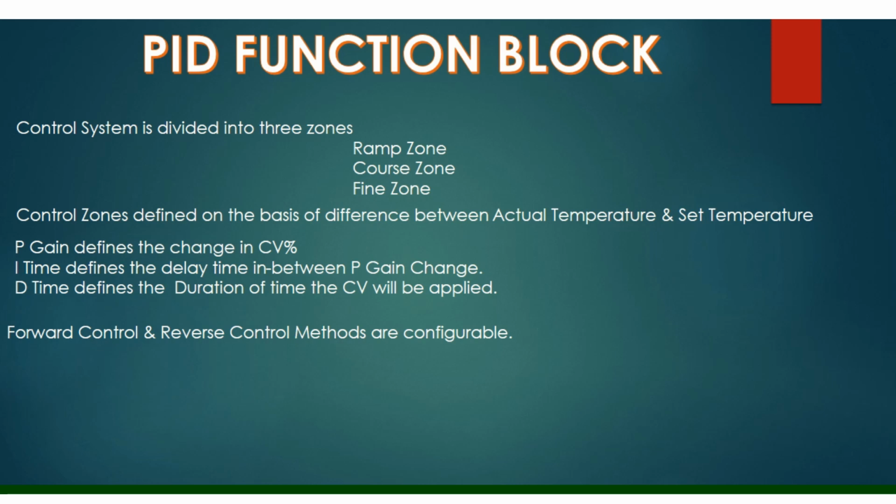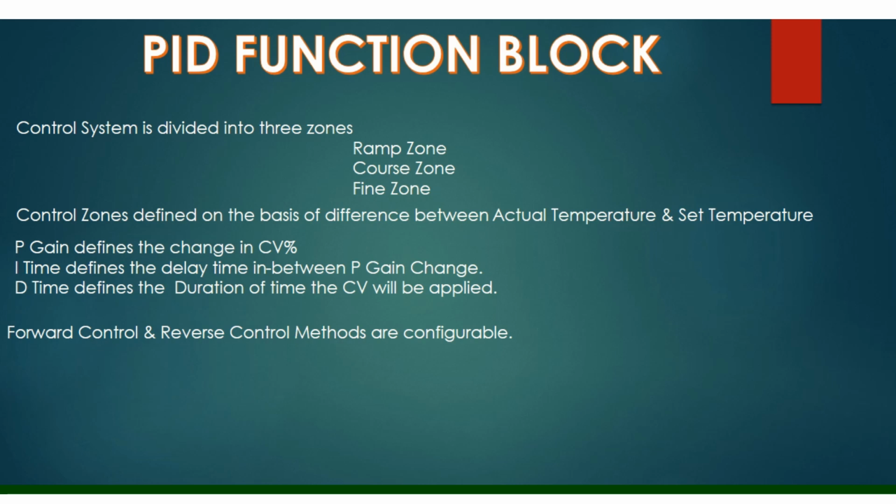The forward control and reverse control methods are configurable based on the type of control you are actually looking for. For example, if your set temperature is 100 degrees and your actual temperature is, say, ambiently 30 degrees, now your temperature will be controlled below the set value.